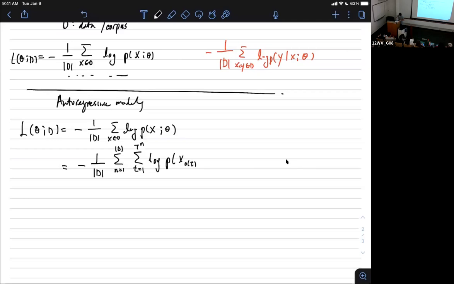From here on, I'm going to assume that this permutation is just an identity function. So this is going to be our loss function to train an autoregressive language model.